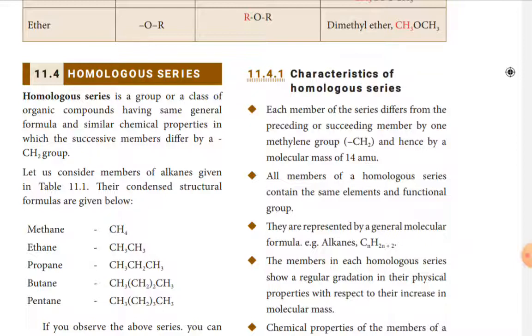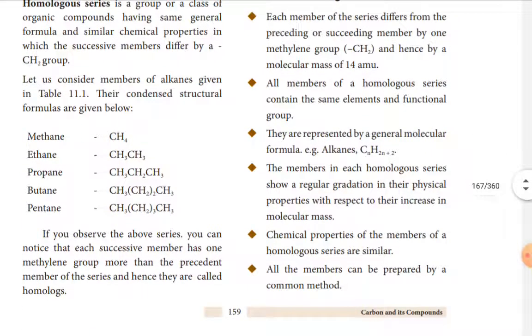So if you give the n value, you can derive different compounds under alkane, alkene and alkyne. Then the next point: the members in each homologous series show a regular gradation in their physical properties with respect to their increase in molecular mass. Chemical properties are more or less similar. Only physical properties change because of the increase in molecular mass.